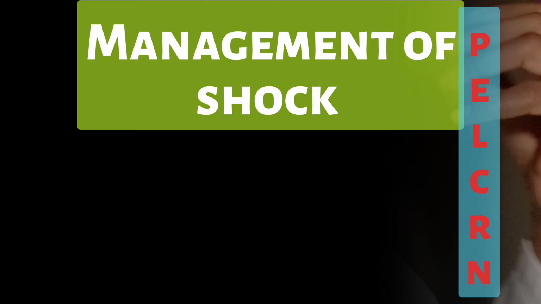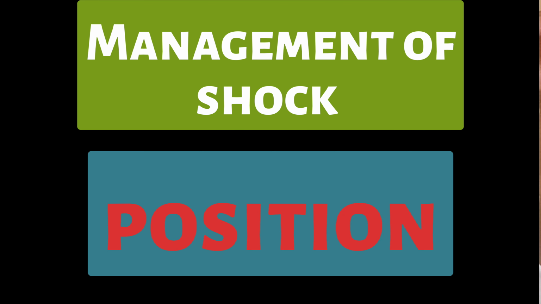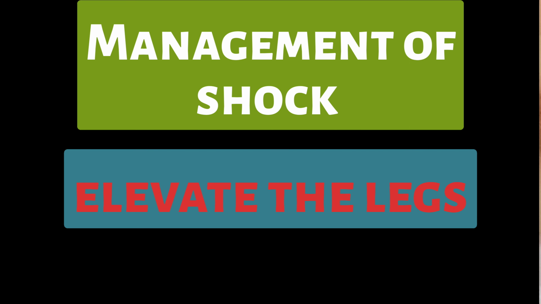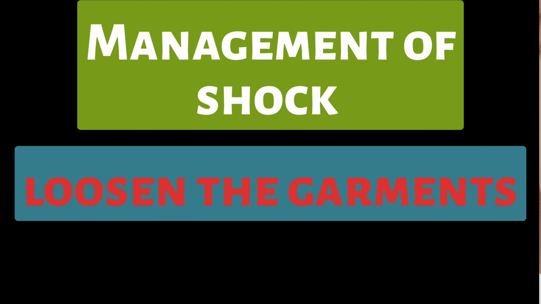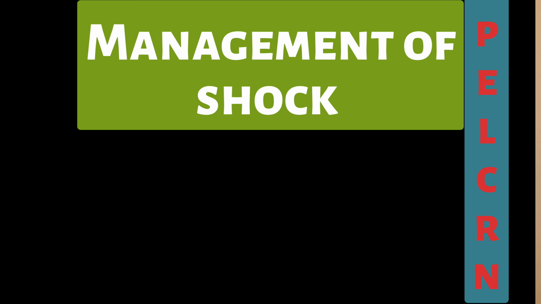This acronym represents: P we have position, E we have elevate the legs, L we have loosen the garments, C we have climate, R we have reassure, N we have notify medical personnel. This acronym can mean different things, but that is the basic one.